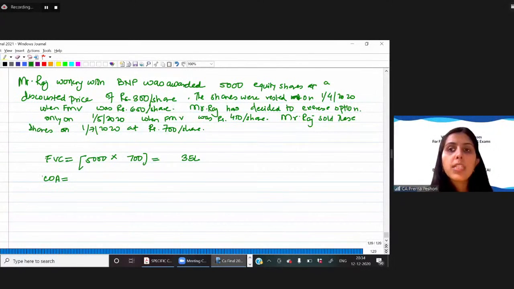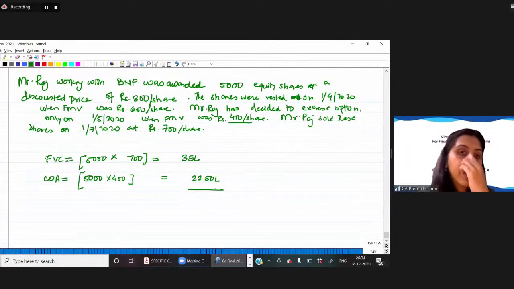What is the cost of acquisition? These shares were vested on 1/4/2020 when FMV was 650, and I decided to exercise the option only on 1/5/2020 when FMV was 450 per share. So here you have to take FMV as on the exercise date, which is 450. So 5,000 into 450 is equal to 22.50 lakh, and your capital gain, this will be short-term capital gain from the exercise date.